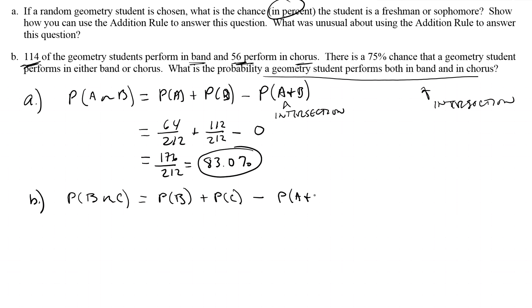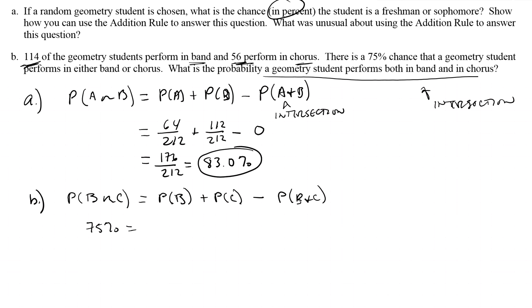Actually, I shouldn't put A and B, but the intersection of band and chorus. They gave me 75% as the answer here, so this is 75%.